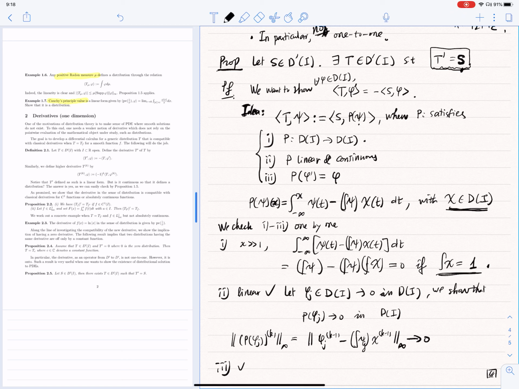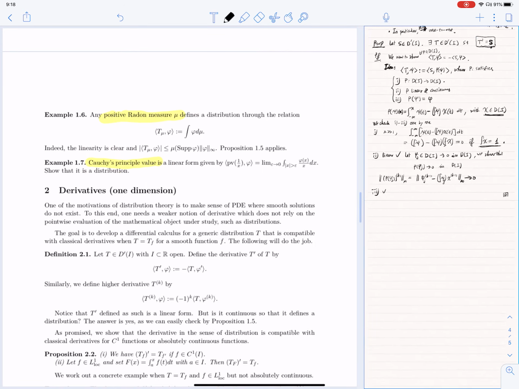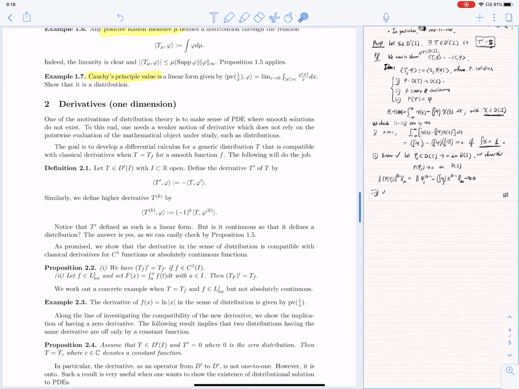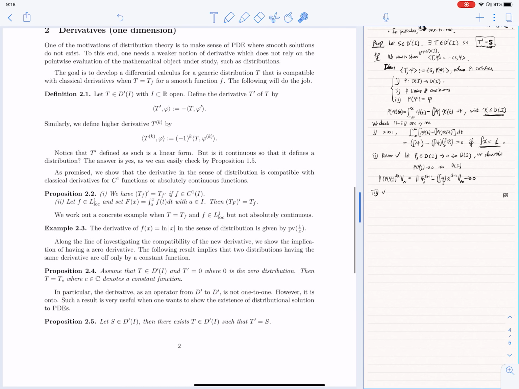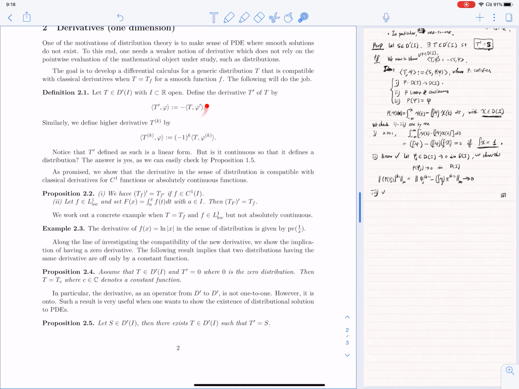Okay. So to wrap up, in this second section, we have covered a bunch of important notions. So the derivative, we pass the derivative to the test functions. This is the idea. And we can also define higher derivatives. I haven't said that yet, but it is defined similarly, right?